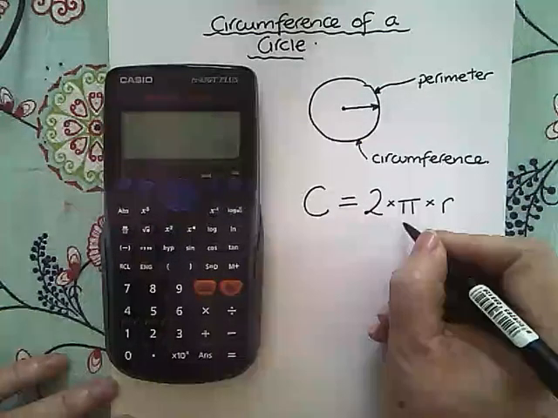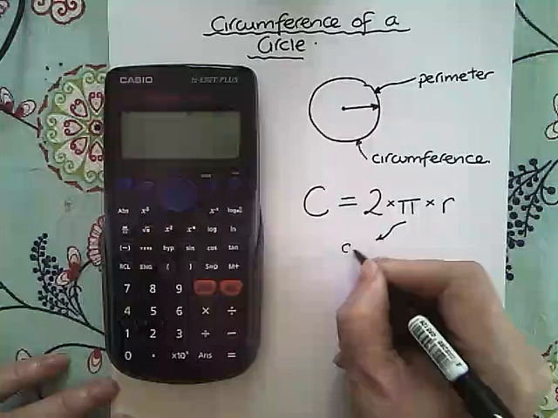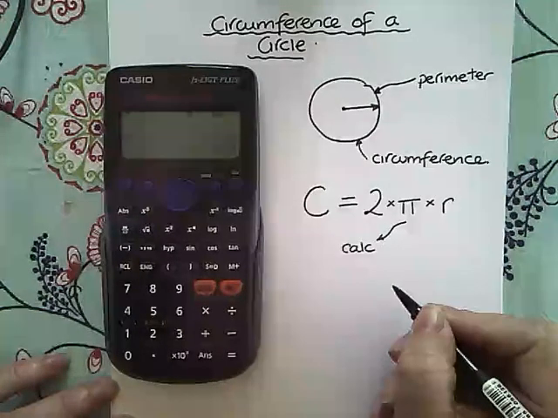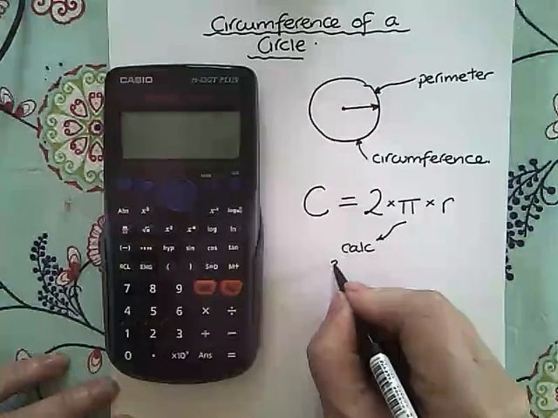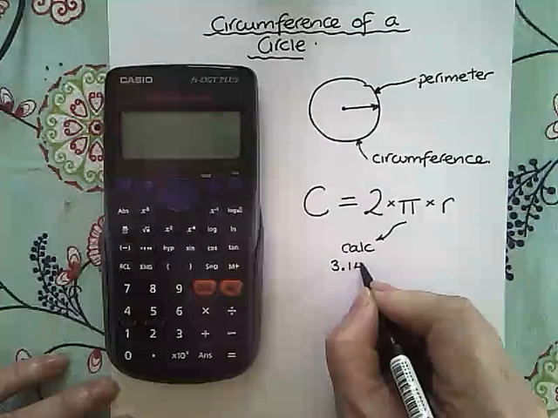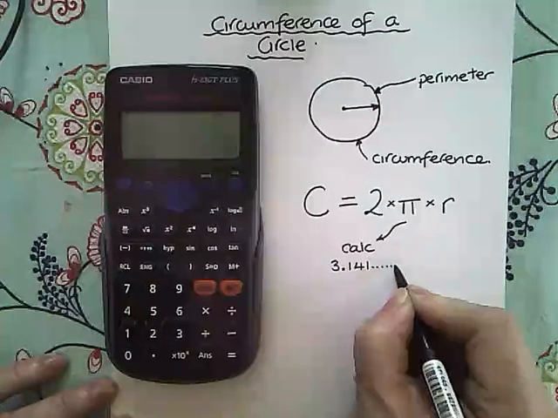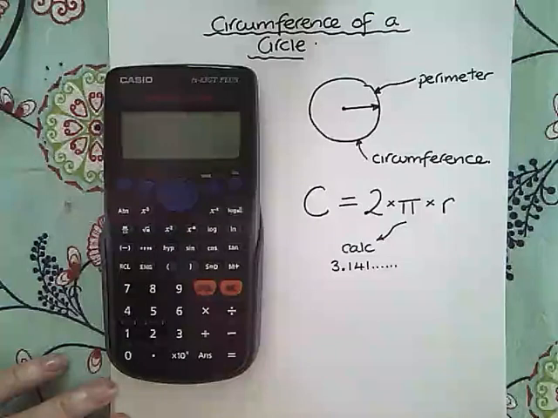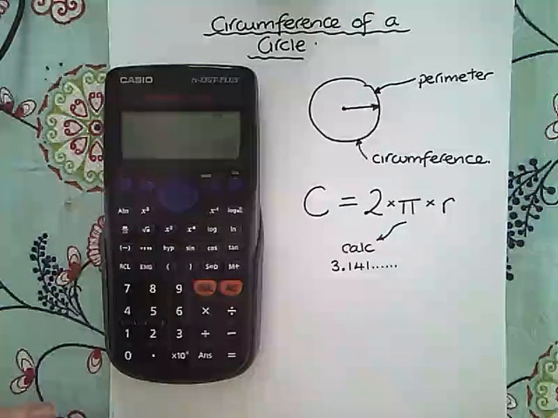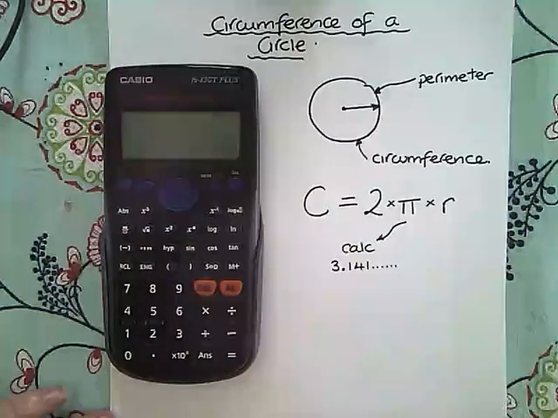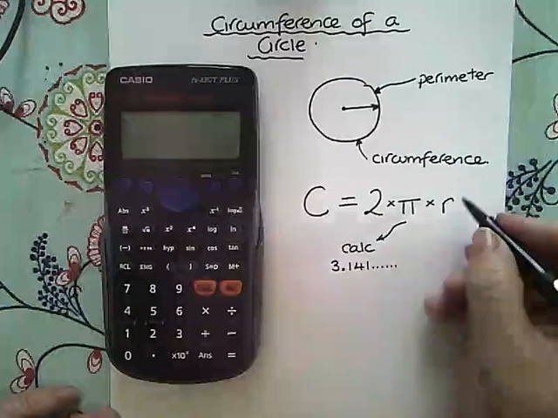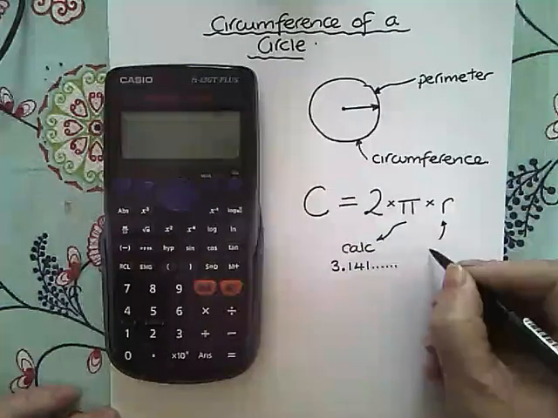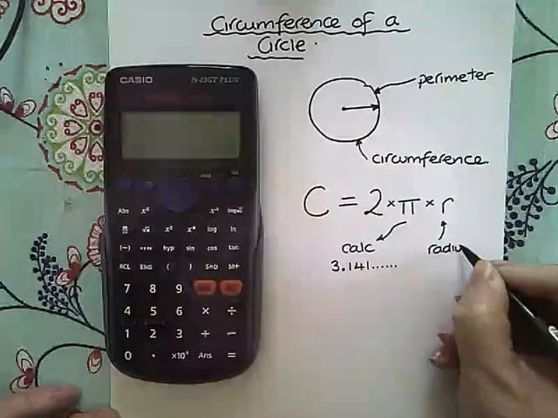This number is on your calculator and it is 3.141 and it goes on and on forever. So we don't need to worry about that number really, because it is on our calculator. And when I do an example, I'll show you where to find it on your calculator. And this is the radius of the circle.